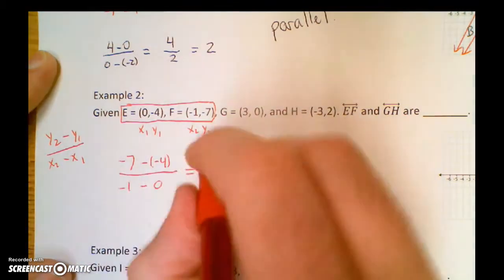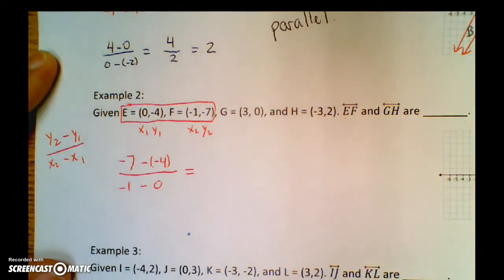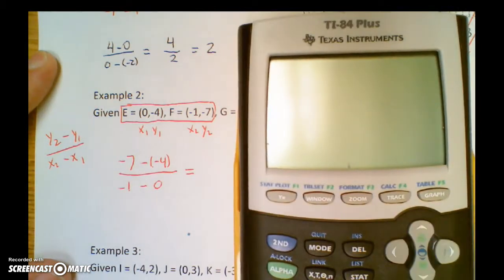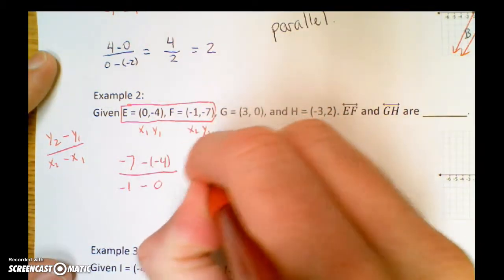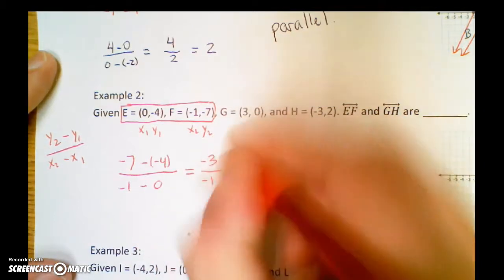So I get -7 plus 4. Again, if you're having trouble with this, use your calculator. Just type it in exactly as you see it. It gives me -3 over -1, which is 3.